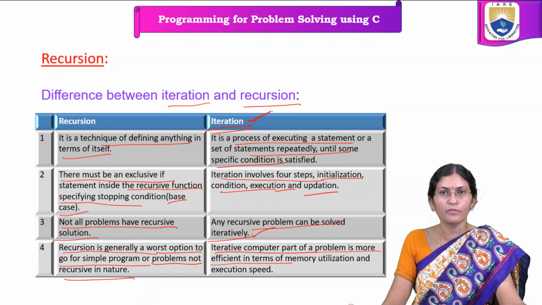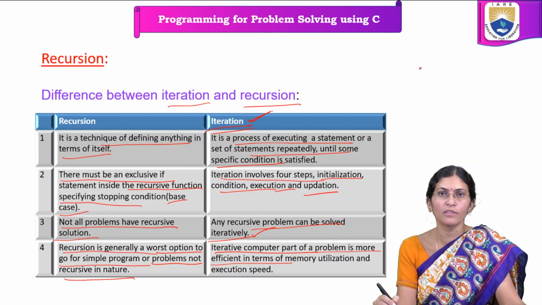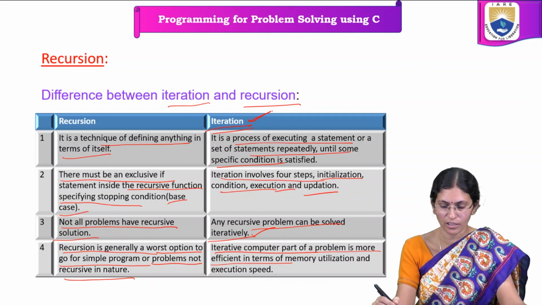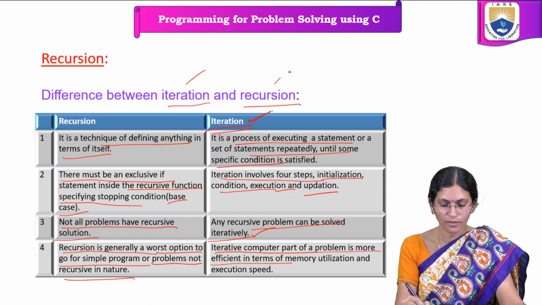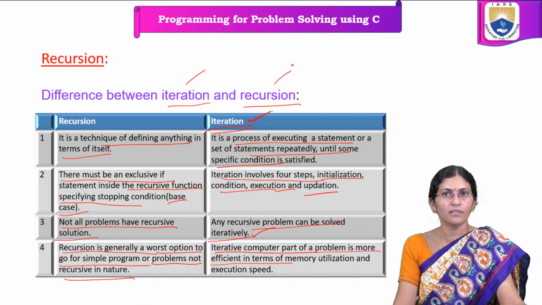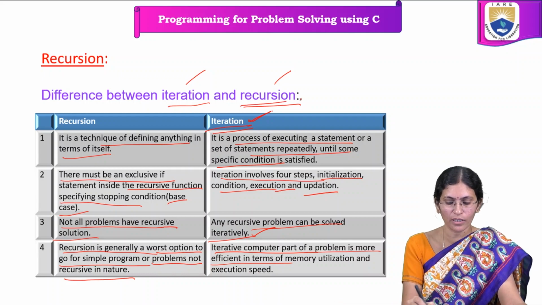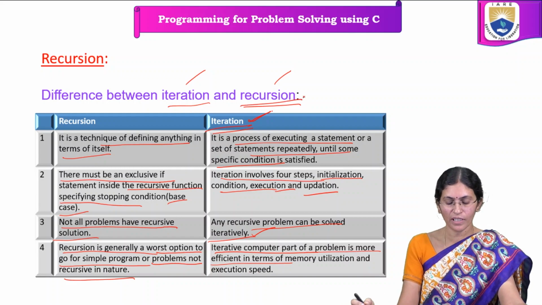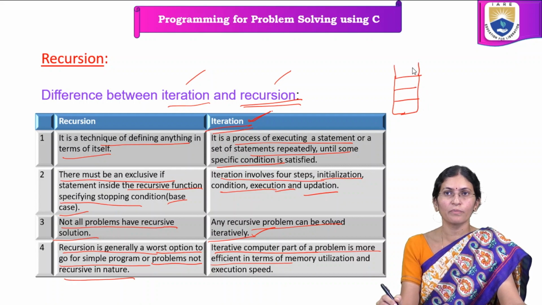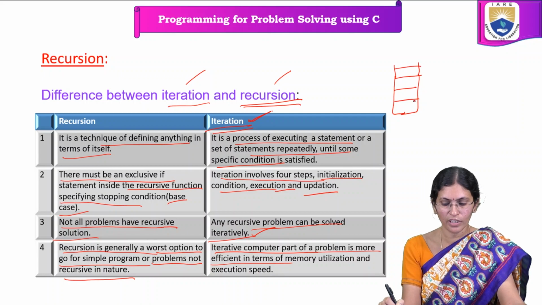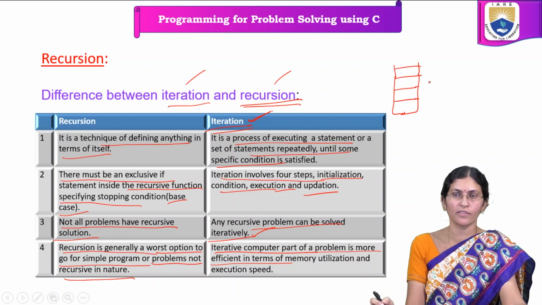So if you want your program to be efficient in terms of memory utilization, you can go for iteration. But if memory utilization is not a problem, then you can go for recursion, because as we have seen, each time a function is called, a corresponding activation record is maintained in the stack, and the memory occupied in the stack goes on increasing for each recursive call.